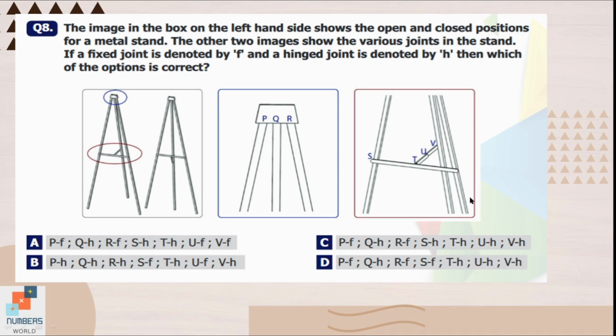So in option C, S is shown as a hinge joint, and in option D, it is shown as a fixed joint. So if P and R are fixed, the joint that is connected with these two joints should also be fixed. Because if S is a hinge joint, it will cause movement in P and R as well, which is not possible because these two are fixed joints. So S is also fixed. So option D is our correct option.